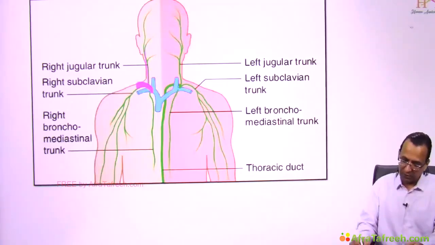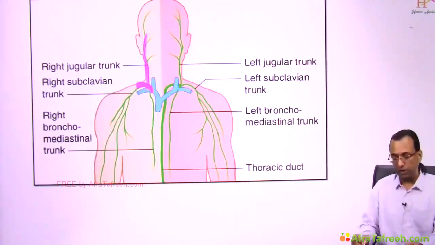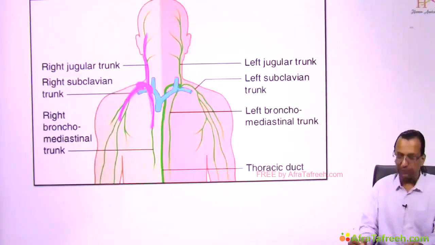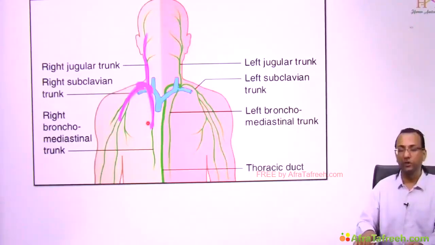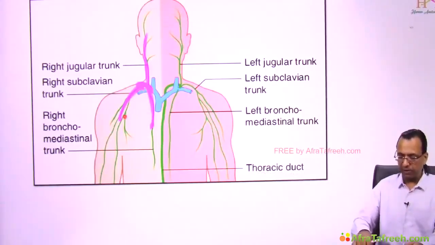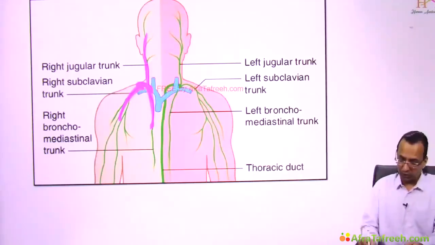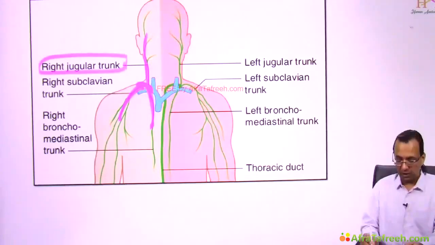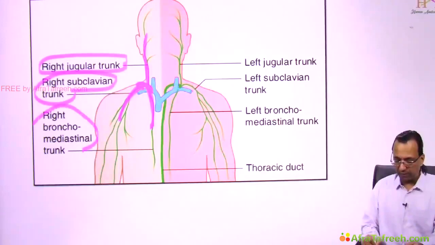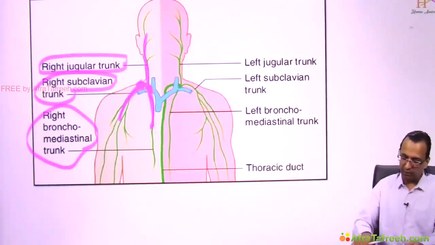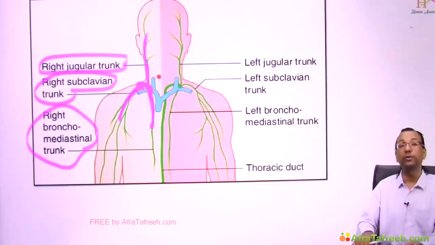There is a right jugular trunk, a right subclavian trunk and a right bronchomediastinal trunk. The right bronchomediastinal trunk is from the thorax, the right subclavian trunk is from the upper limb and the right jugular trunk is from the head-neck region. Three things drain into the right lymphatic duct, which drains into the right venous angle, the jugulo-subclavian venous angle.